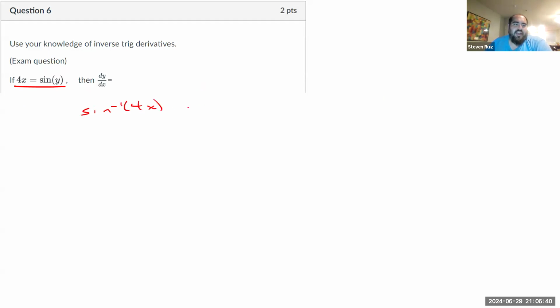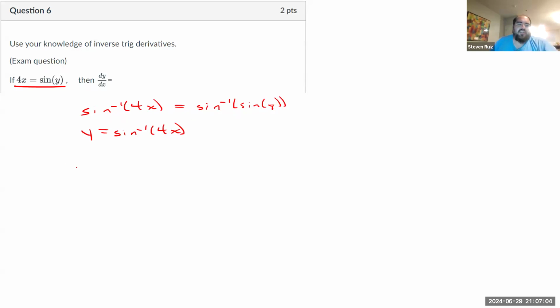I get inverse sine of 4x equals the inverse sine of the sine of y. So sine and inverse sine are inverse functions, so they will annihilate each other. So what I have there is y equals the inverse sine of 4x.